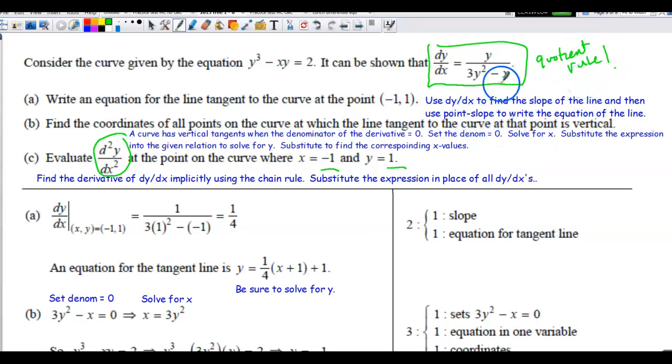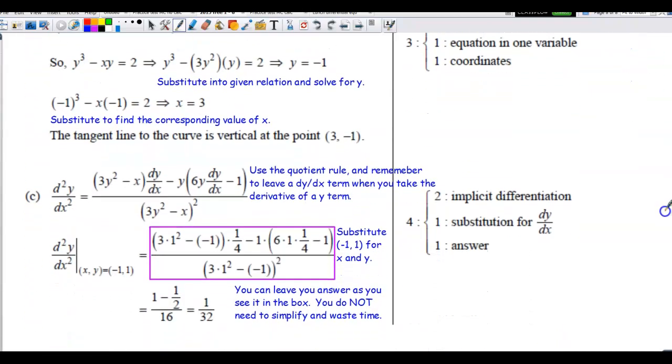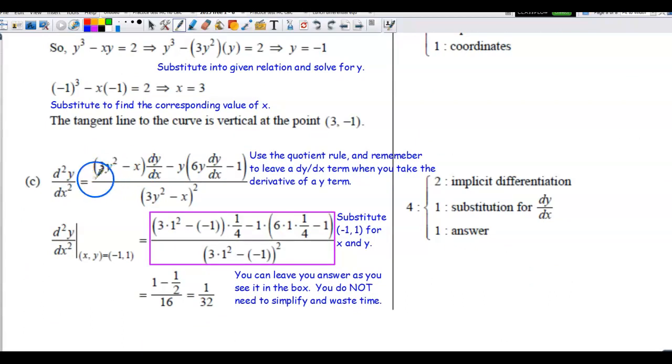Whenever you take the derivative of a y term, you're going to need to leave a dy dx behind. So here we have down d up minus up d down over down down.